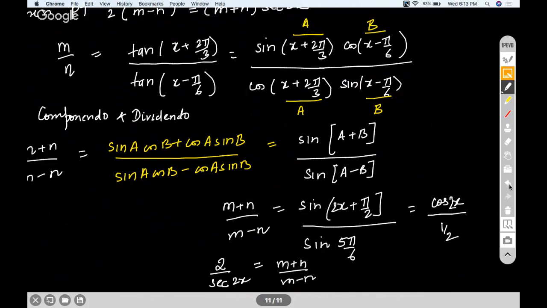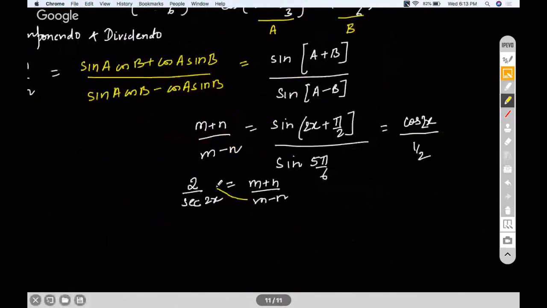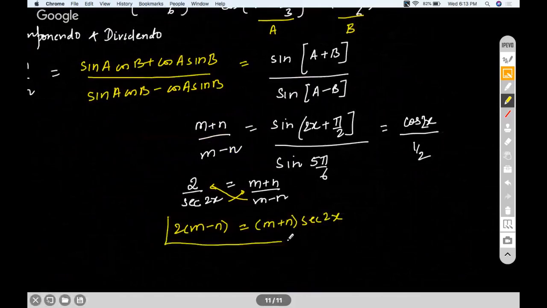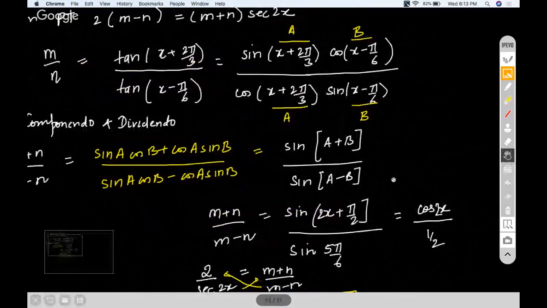Let's cross multiply. When you cross multiply this with this, you get 2 times m minus n as m plus n sec 2x. And I think this is what we wanted to prove actually. Let's go up and check. Yeah, this is what we wanted to prove over here.